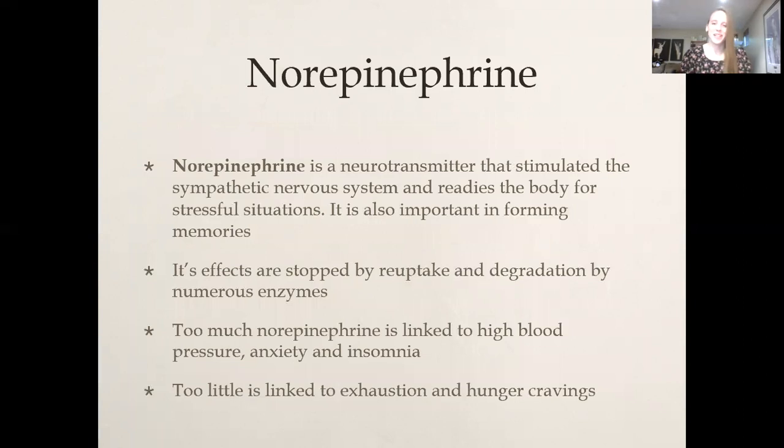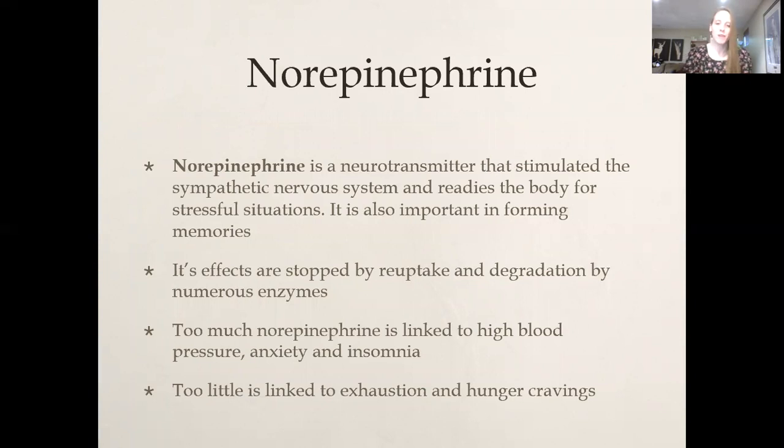Norepinephrine is a neurotransmitter that stimulates the sympathetic nervous system, which is the part of your body that responds to stressful situations. It's also really important in forming memories. The effects of norepinephrine are stopped by reuptake as well as some enzymes breaking it down.